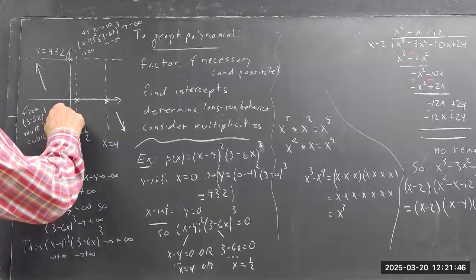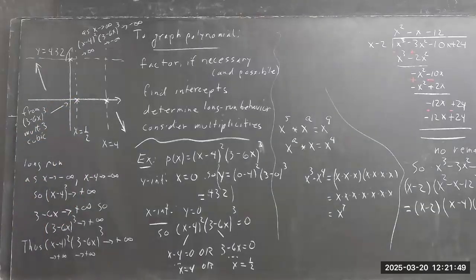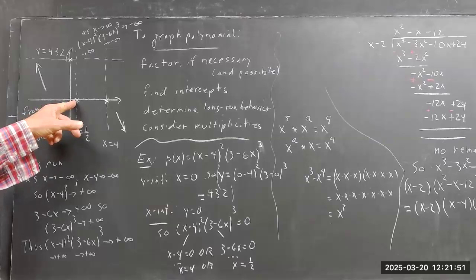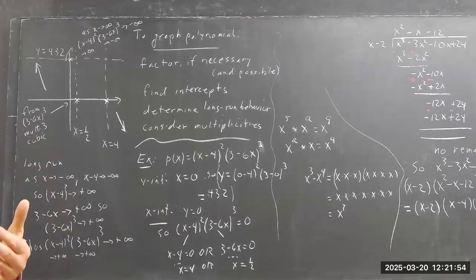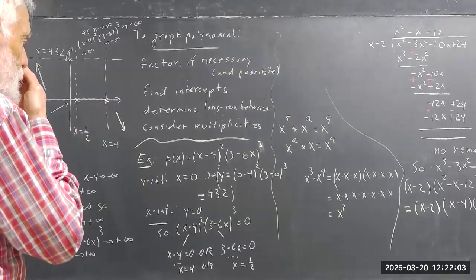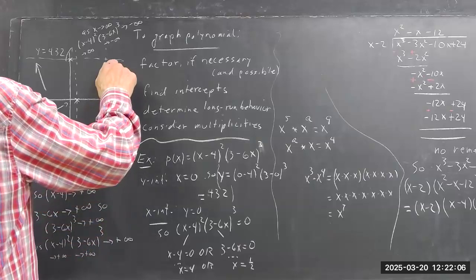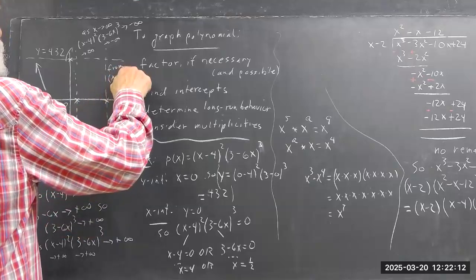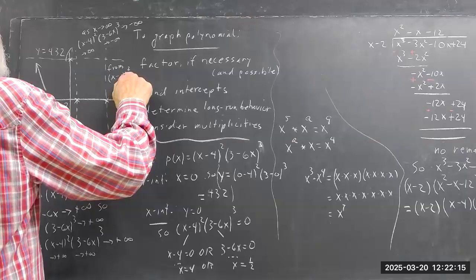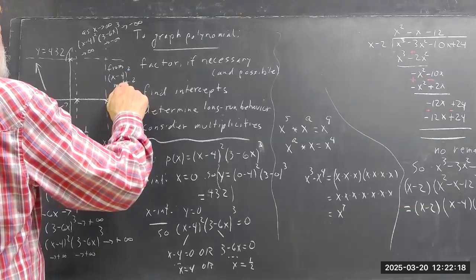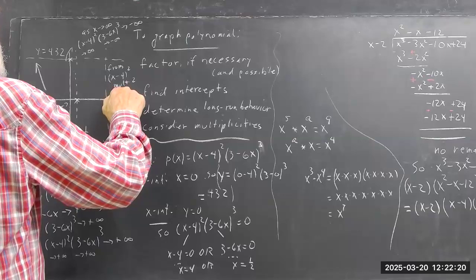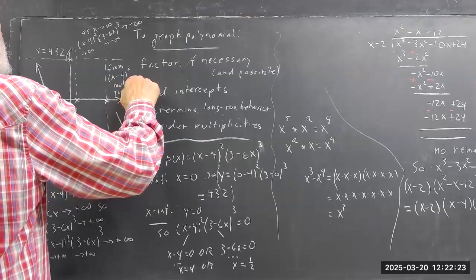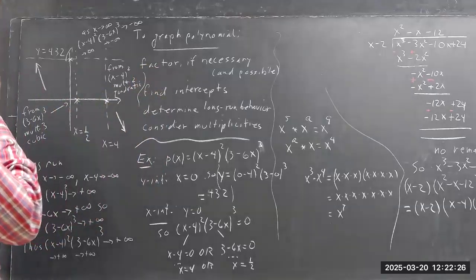And I'll write the word cubic, because the graph, as it goes through this point, is going to behave like a cubic graph. Third power, an x cubed graph. And you've got to know what that looks like. And then here, at x equals 4, this 0 comes from x minus 4 squared. Quadratic there.